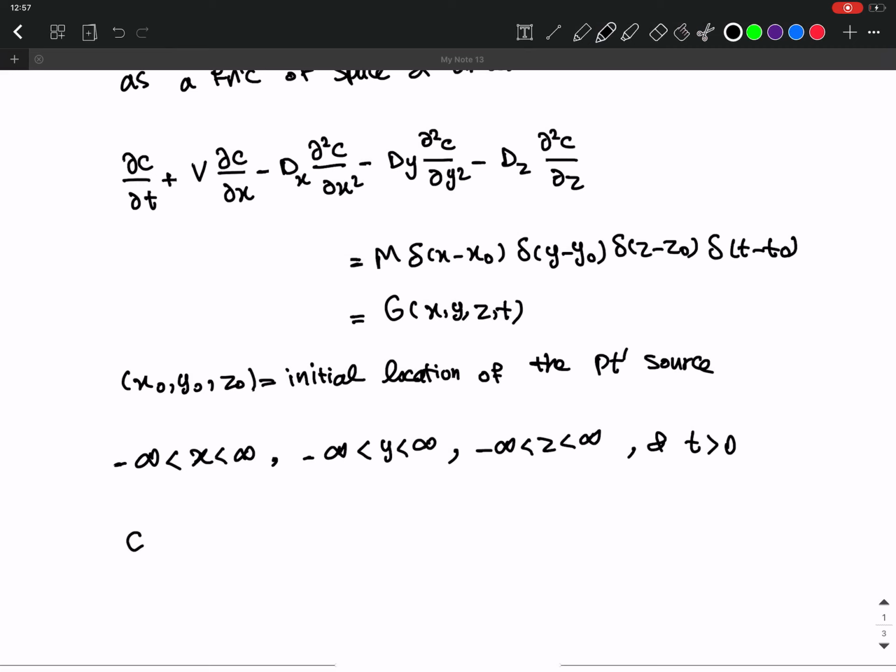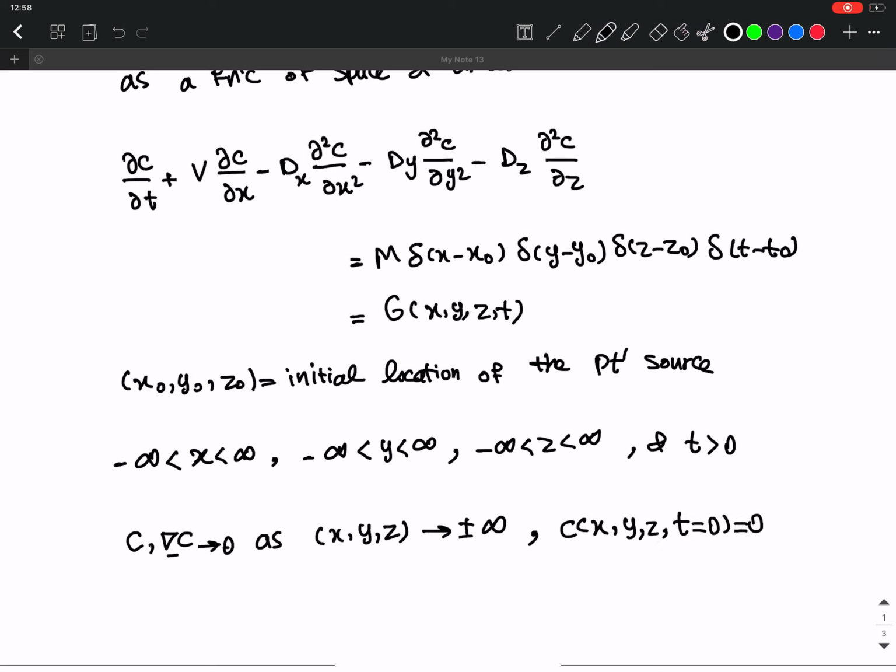The boundary condition: c and the gradient of c goes to 0 as x, y, z, all of them approach plus or minus infinity, and the initial condition is c of x, y, z, and t at time 0 is 0.